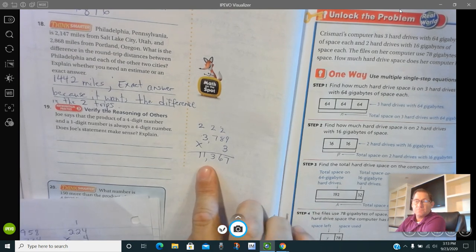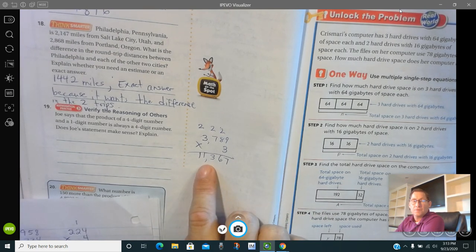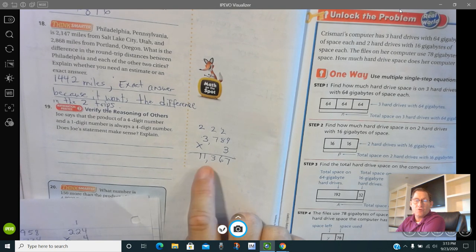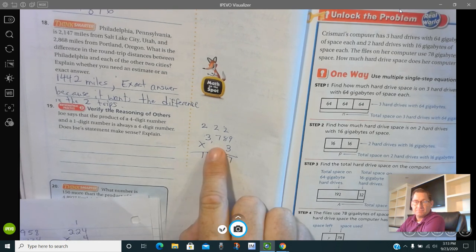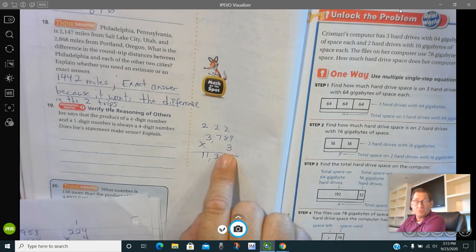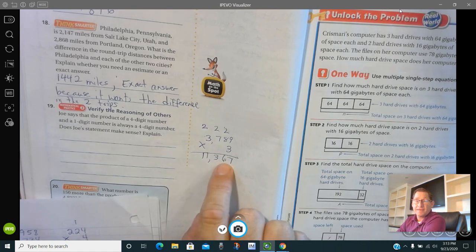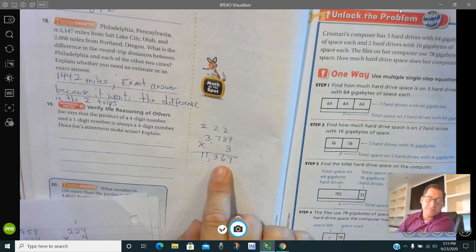Well, no. The product of a 4-digit number and a 1-digit number is always a 4-digit number? No. I multiplied by a 1-digit number, but my product has 5 digits. So no, his answer doesn't make sense.